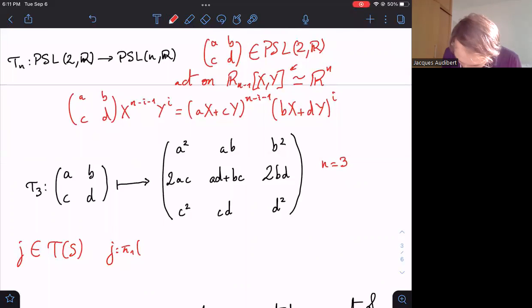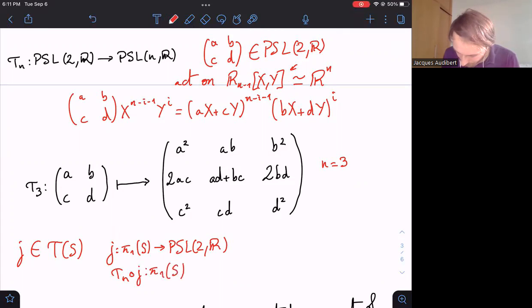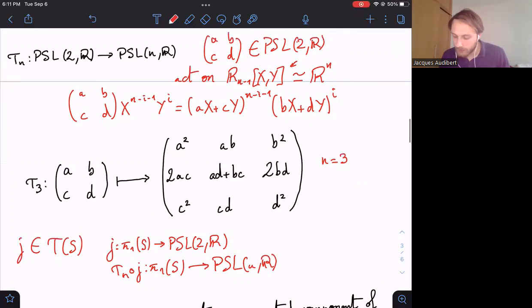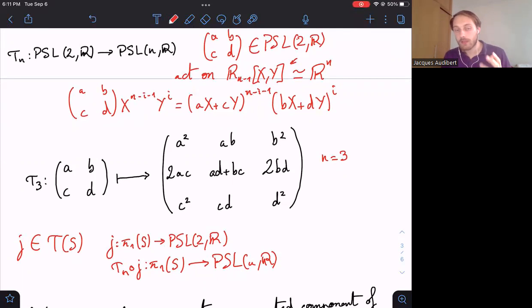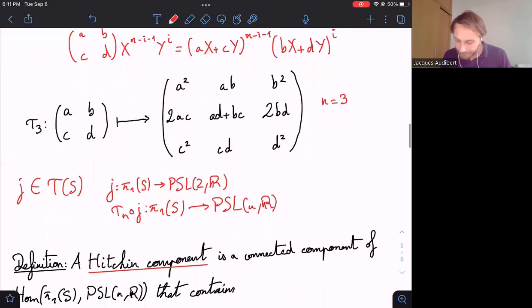So J goes from pi1S to PSL2R, and you can look at tau of n composed with J. This goes into PSLNR. Those are well-defined maps and homomorphisms that have quite nice properties, and we can look at them. And actually, those are the first maps that we consider to be in the Hitchin component.